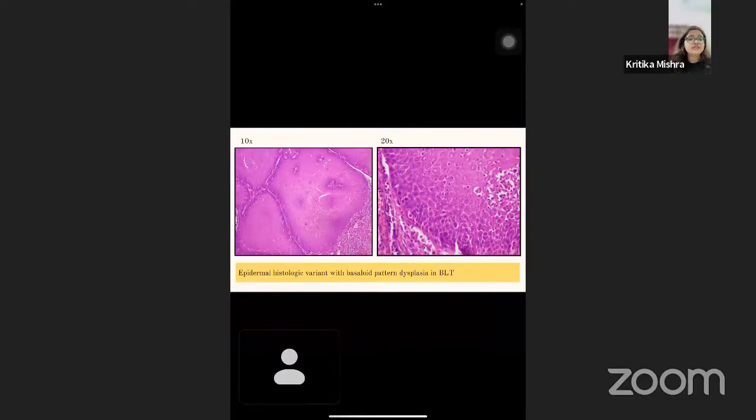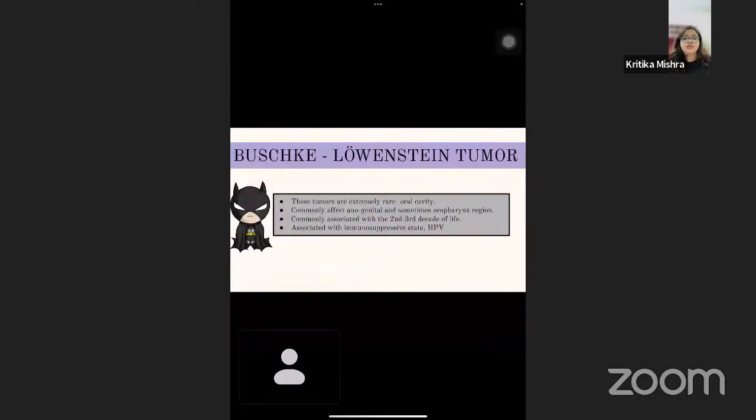In the histological slides, we see bulbous ridges, increased dysplastic changes, mitotic activities, and an epidermal histologic variant with basaloid pattern dysplasia in BLT. What is BLT? Buschke-Lowenstein tumor. A very rare tumor of the oral cavity, which is generally seen in the anogenital region and sometimes the oropharynx region.